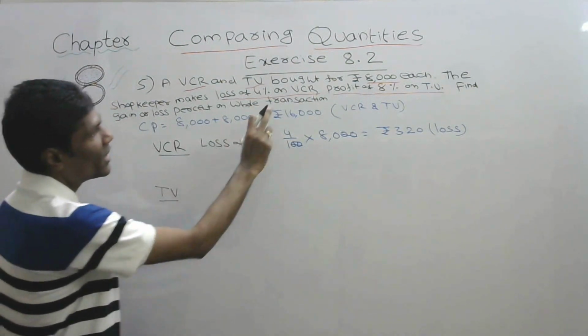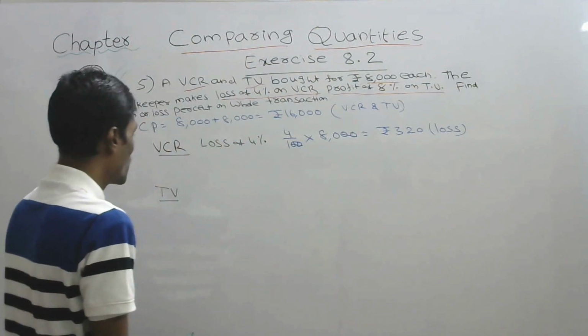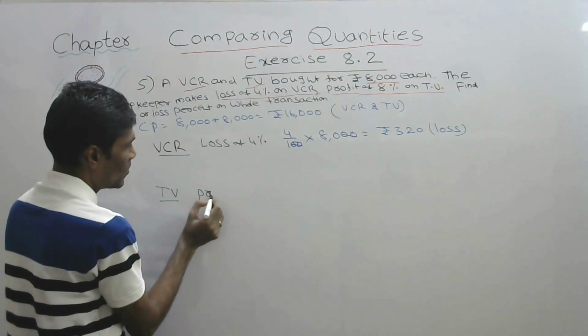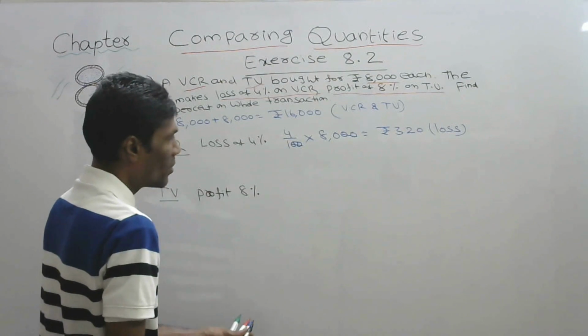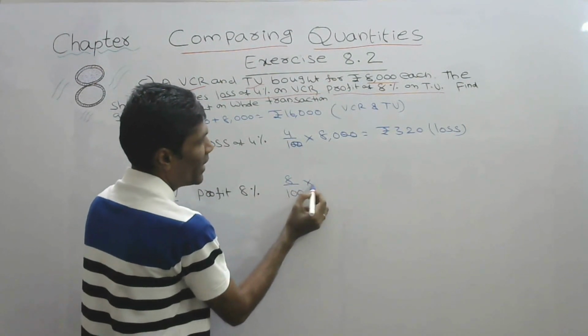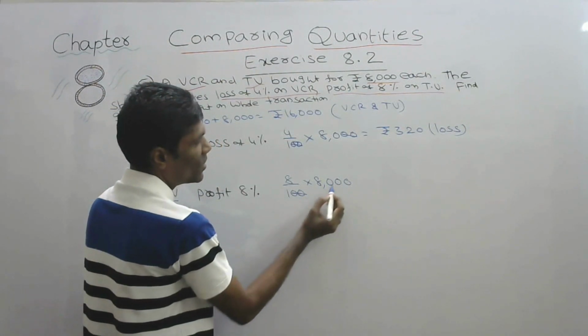Now next, the TV. He says on the TV he got a profit of 8%. So how much will it be? 8 by 100 into 8,000.